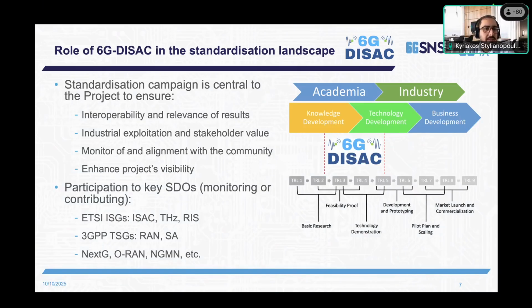And the goal of the campaign in terms of standardization is to ensure that our results are actually usable by the industry, because we have a lot of academics that are not necessarily aligned with how the industry uses the results. That way, through standardization, through the guidance of the academic partners, we want to enhance the industrial exploitation of the stakeholder value of the results.